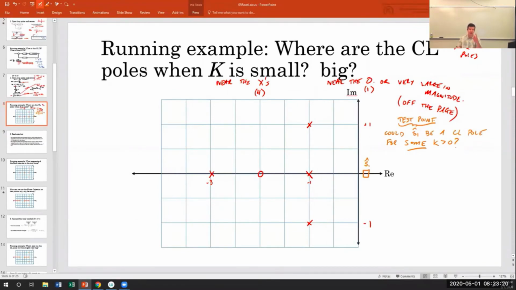So we have two criteria for S hat to be a closed loop pole. The first is the magnitude criterion. That says, is the magnitude of L at S hat 1 equal to 1 for some k?